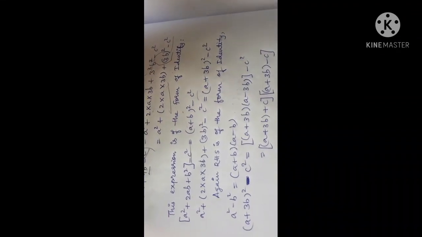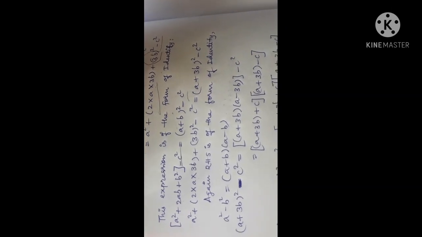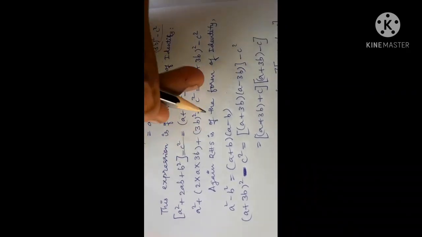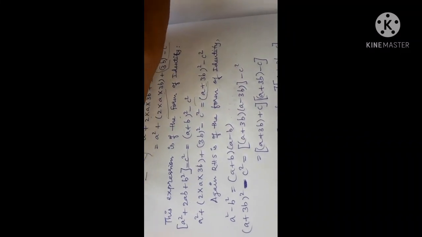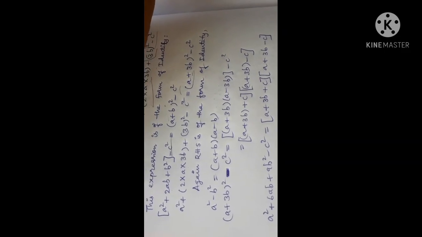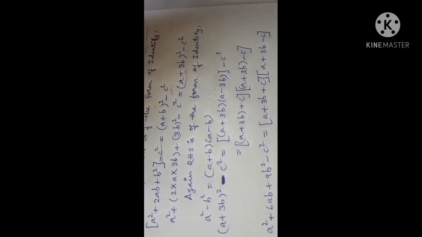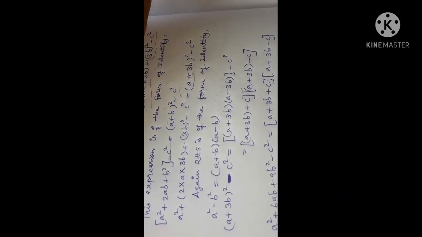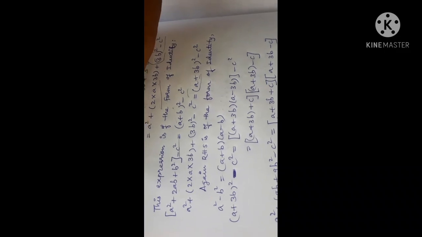Again, you can see that RHS is of the form of the identity, which is a square minus b square equal to a plus b into a minus b. Now it is a plus 3b whole square minus c square equal to a plus 3b into a minus 3b minus c square. Okay.